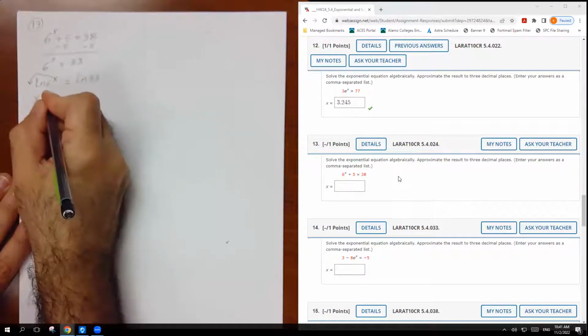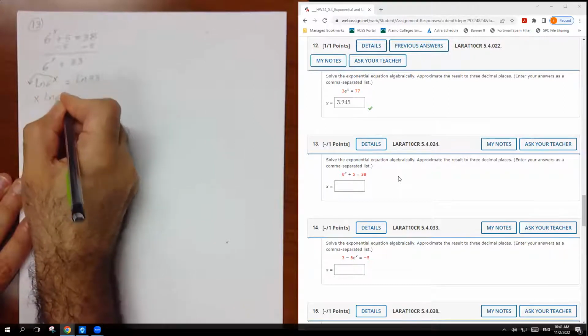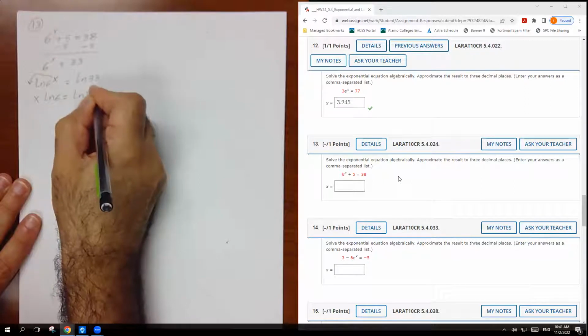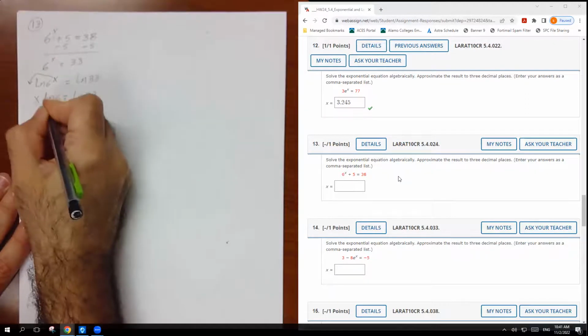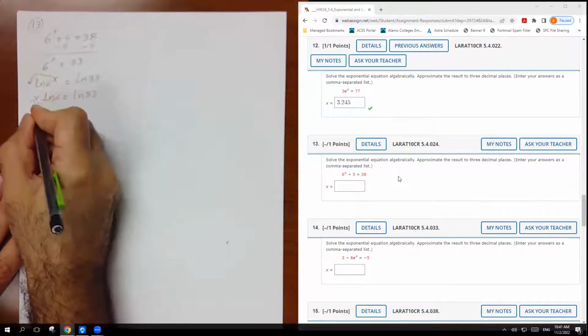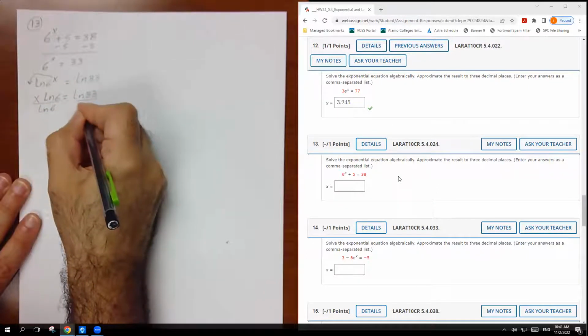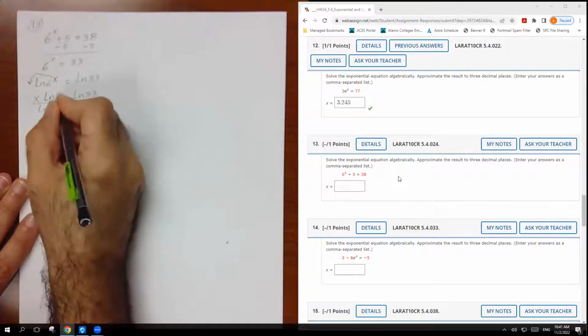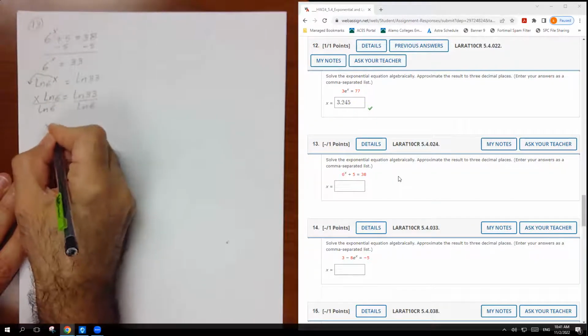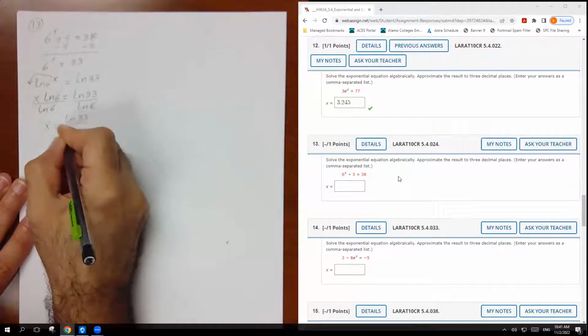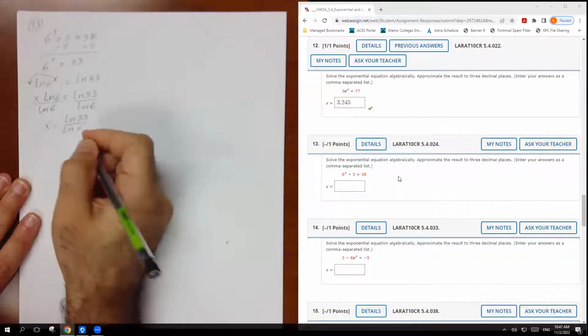So it's going to be x ln 6 equal ln 33. Then I need to keep the x by itself. So divide both sides by ln 6. Cancel these. x is going to be equal to ln 33 divided by ln 6.